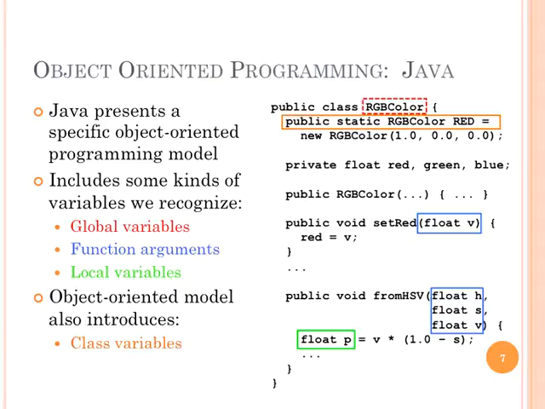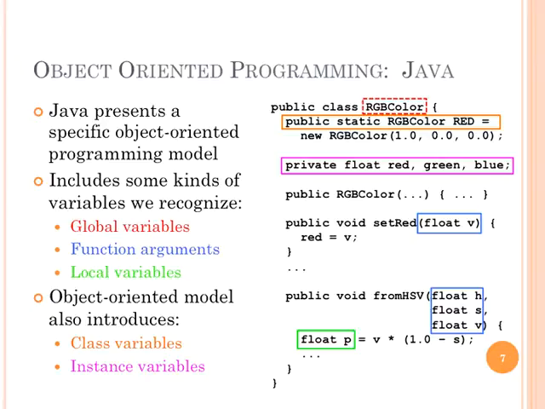We have class variables, which are not associated with a specific object but with the class level. So here we have a constant red: the red component is 1, the green and blue components are both 0. And then we also have instance variables, red, green, and blue. When I instantiate an RGB color object, it has its own copy of red, green, and blue. I create a new one, and it has its own copy as well.